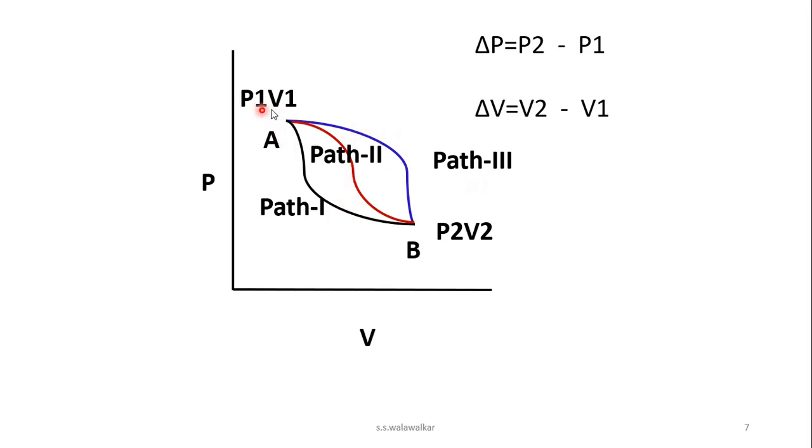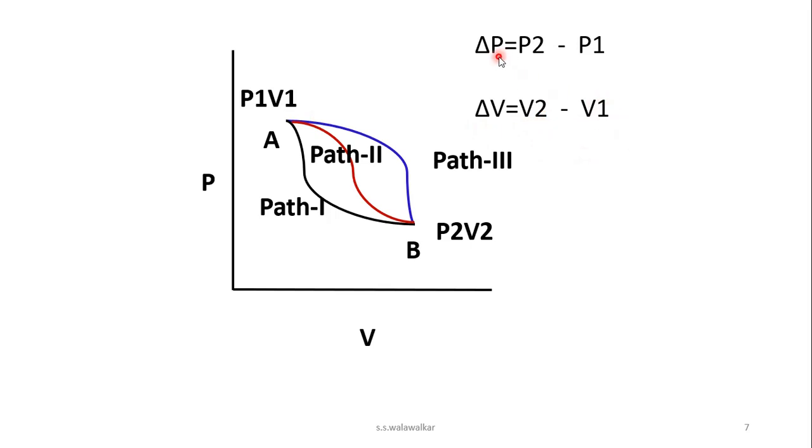Now, when the pressure is decreased from P1 to P2, the change in pressure is equal to pressure in the final state minus pressure in the initial state. When the pressure is decreased, the volume of the system increases, and therefore the change in volume is V2, final volume, minus V1, initial volume. So delta V is equal to V2 minus V1.